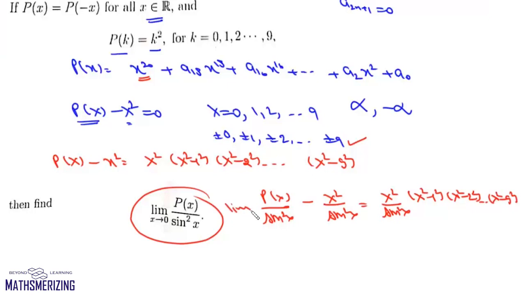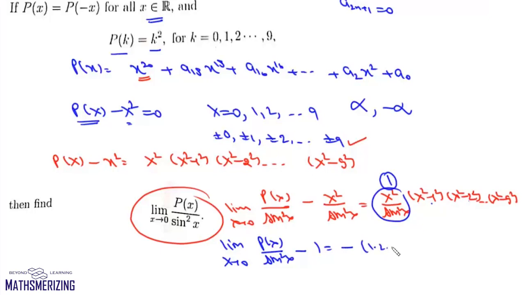Now we take the limit as x tends to 0: the limit of p(x)/sin^2(x) minus this limit, which is 1, equals this limit, which is also 1, times, putting x as 0, (-1^2)(-2^2) up to (-9^2). So minus, nine times, will be minus, and then 1^2 into 2^2 into 9^2. So it will be (1 into 2 into 3 up to 9) whole square, which is (9!)^2.